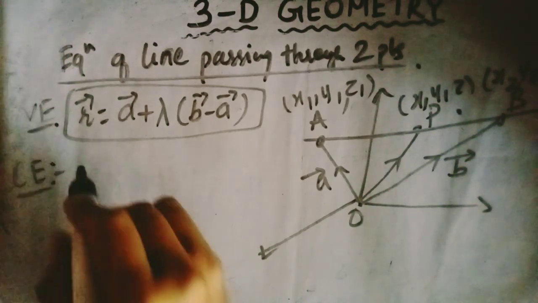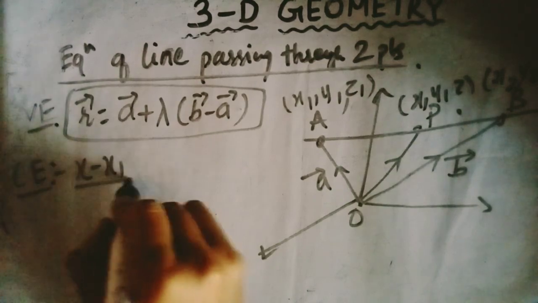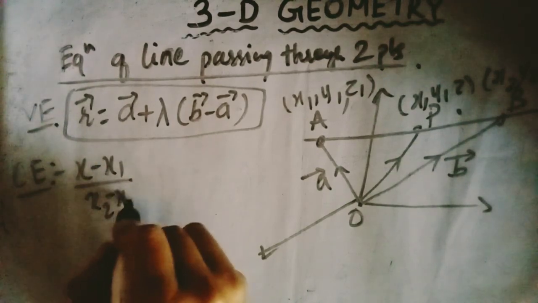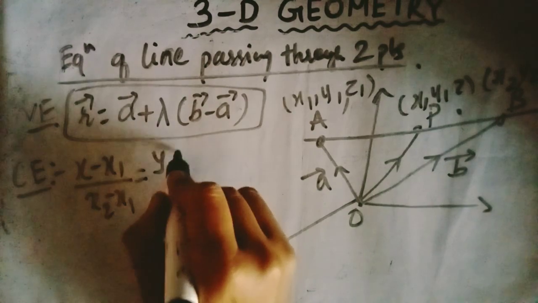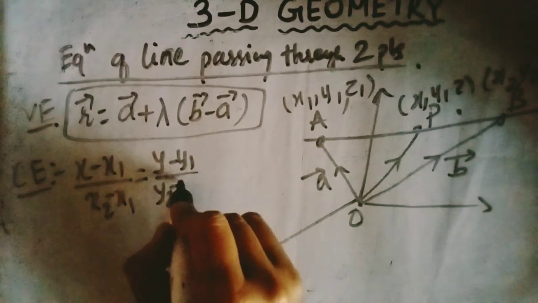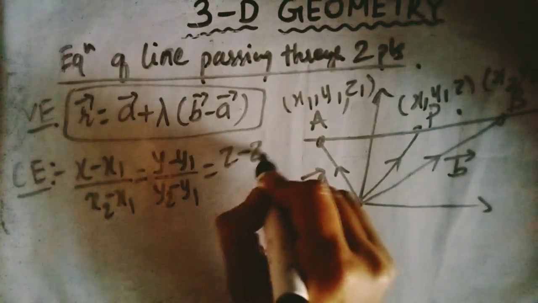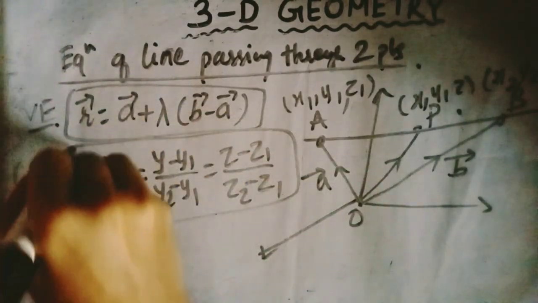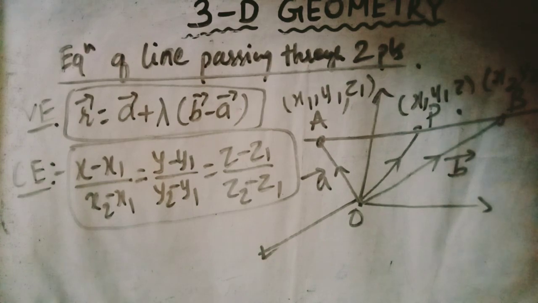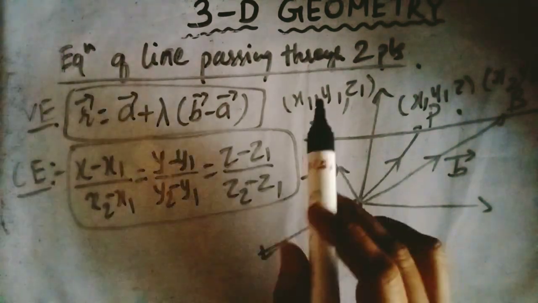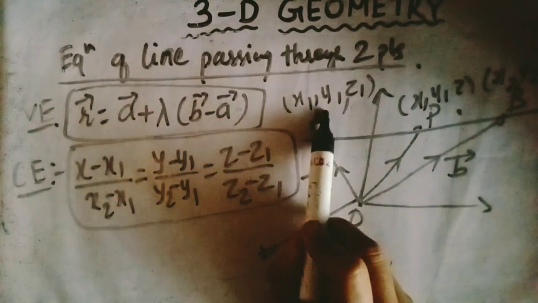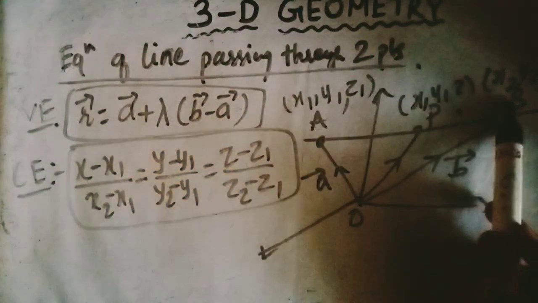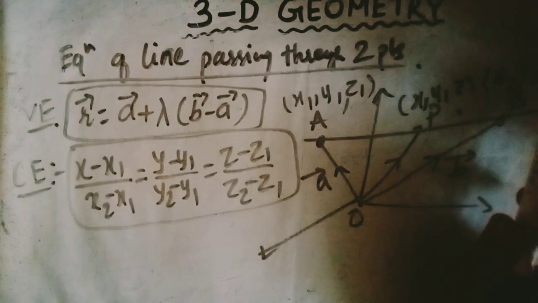The Cartesian equation is given by (x minus x1) upon (x2 minus x1), (y minus y1) upon (y2 minus y1), (z minus z1) upon (z2 minus z1). So you have to remember which is your A point, that is x1, y1, z1, and which is your B point, x2, y2, z2. Accordingly you have to find the equations.